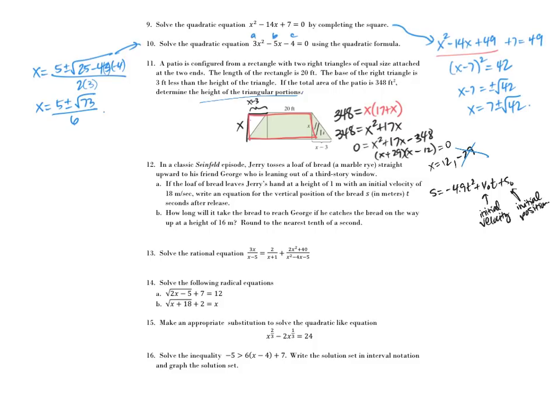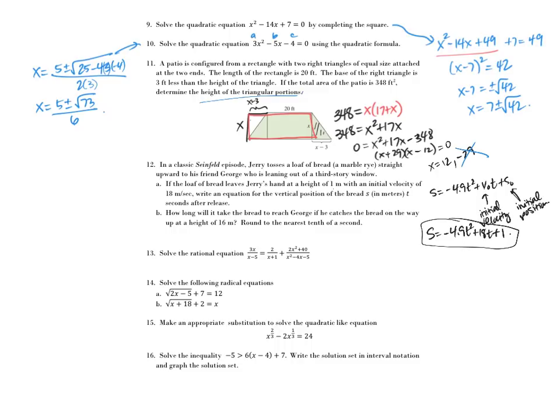Okay, and so my initial velocity, it tells me, is 18 meters per second, and my initial position is 1 meter. So let's plug that in. So s is equal to negative 4.9 t squared plus, my initial velocity is 18, t plus 1. So there is my equation for part A.